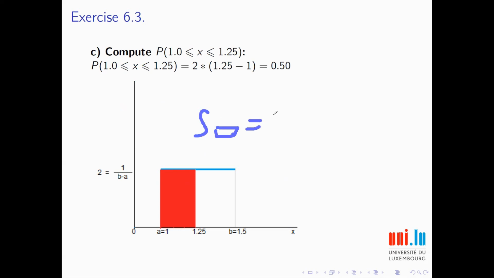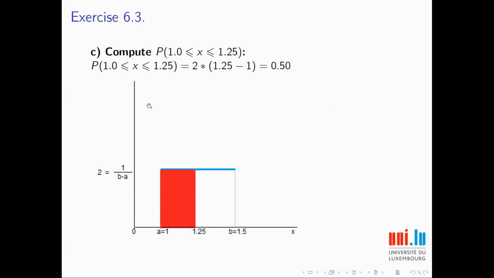The area of this rectangle is equal to 2 multiplied by 0.25, and it is equal to 0.5. Since uniform distribution is a very simple distribution, you can easily calculate the areas under the curve by yourself.